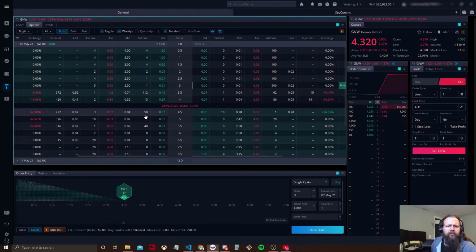You can see 50 versus 3. I don't know if these are... Many of the articles I've read say that the bid-ask size can be multiplied by 100 or 1,000, depending on the platform. I don't know what Webull does. I wish they had some better documentation, or maybe I just haven't found it.